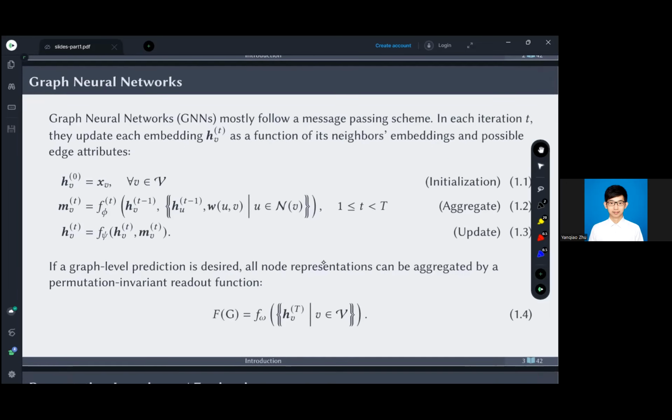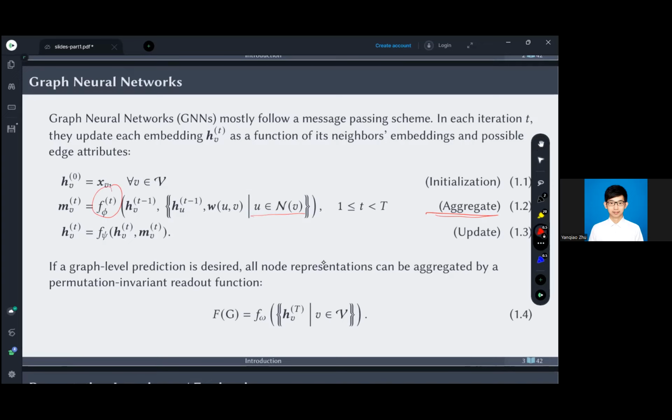Most graph neural network models can be written in a message passing flavor. The message passing flavor is composed of two very important operations. The first one is called aggregation, that is to aggregate information from the neighborhood of one node through a nonlinear function phi.